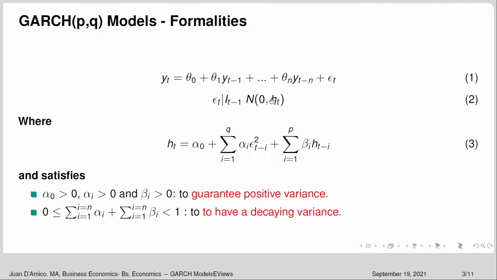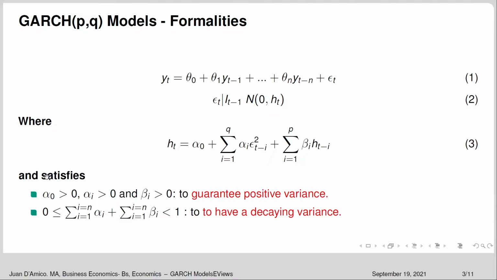So it's not a constant variance, it's going to be changing over time. And the way that we are going to model this variance is by including the ARCH terms in the first part, and then also including the MA terms in the second part of the variance equation.